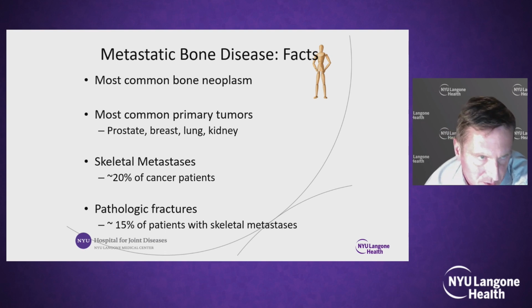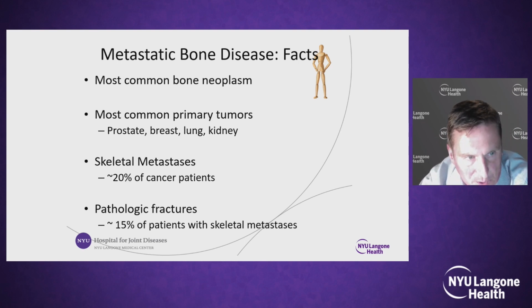Metastatic bone disease is the most common bone neoplasm if you're talking about malignancy. Dr. Wolde talked about sarcomas of the bone, which are much less common than metastatic disease as a whole anyway. The most common primary tumors that affect the bone, not surprisingly, are the most common primary tumors out there, namely prostate, breast, lung, and kidney.